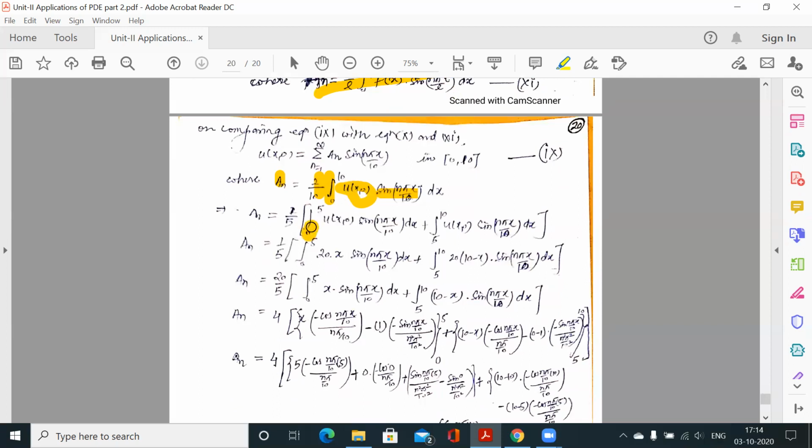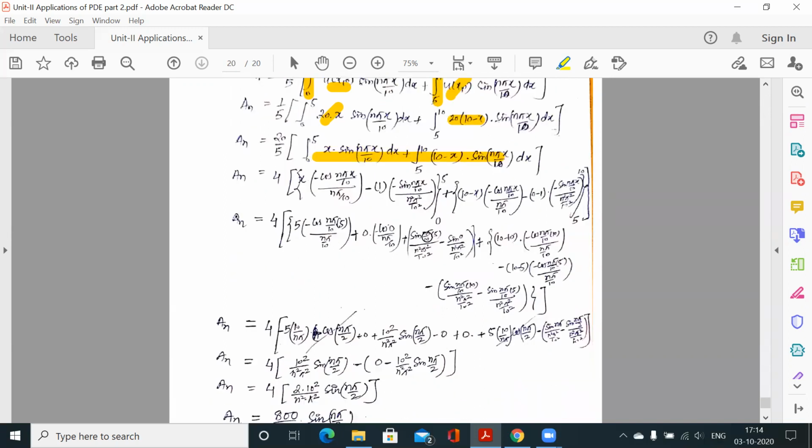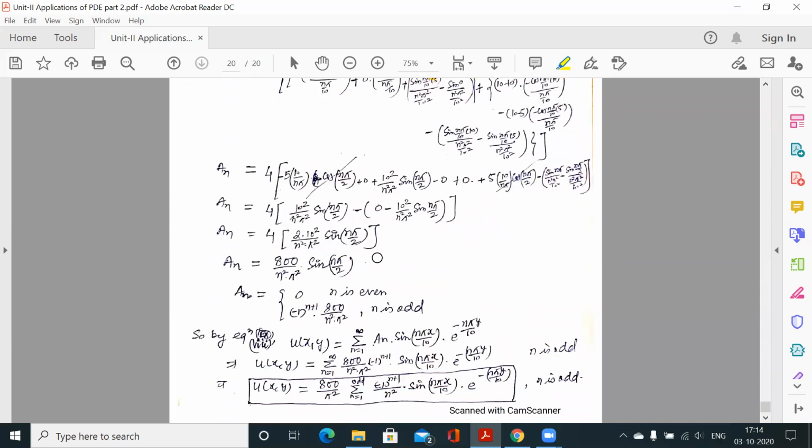Now substitute the value for u(x, 0). u(x, 0) is a piecewise function which has two definitions. One definition between 0 to 5, another definition from 5 to 10. So it is 20x or 10 minus x. Now simply integrate this and apply the limits. Some of this would be cancelled out by this.